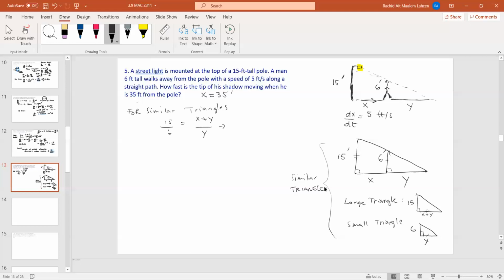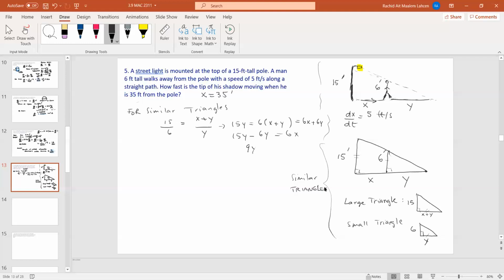So here, that's 15y equals 6 times x plus y. Let's solve for y. 15y, when you distribute this, you get 6y and 6x.